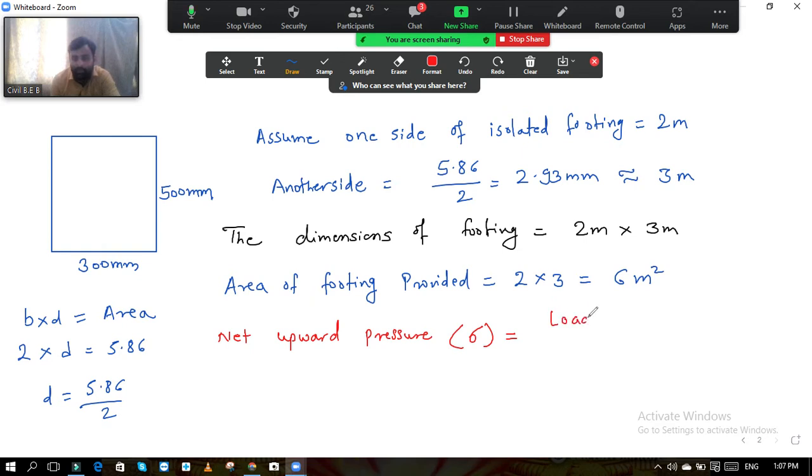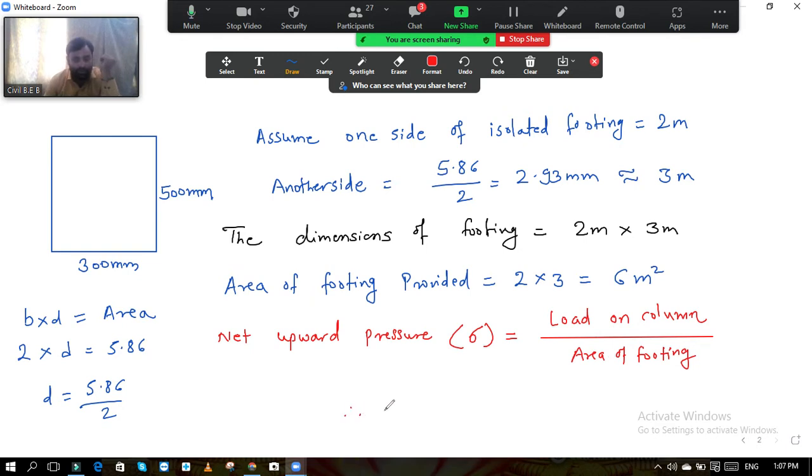I will write the formula. The formula is load on column divided by area of footing. For the area of footing, you have to take the area which we have provided, don't take the calculated area. The area which we have provided, that we are going to use for the further calculations.